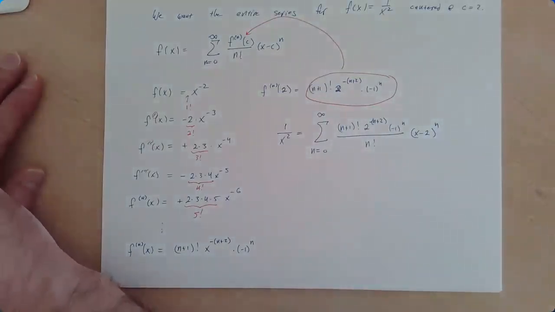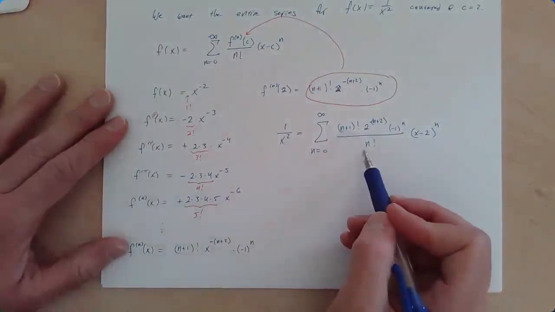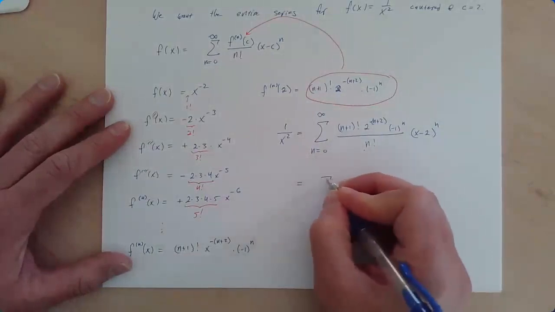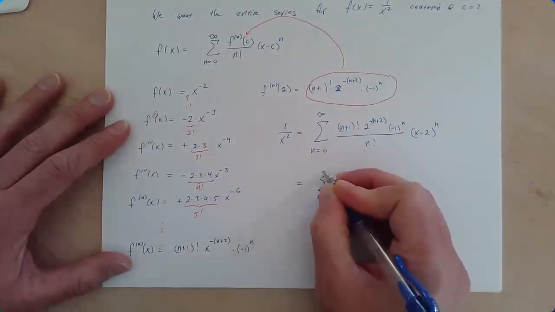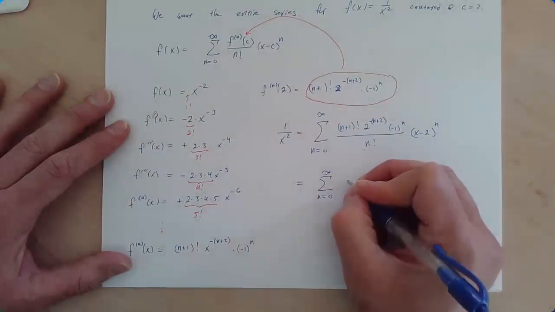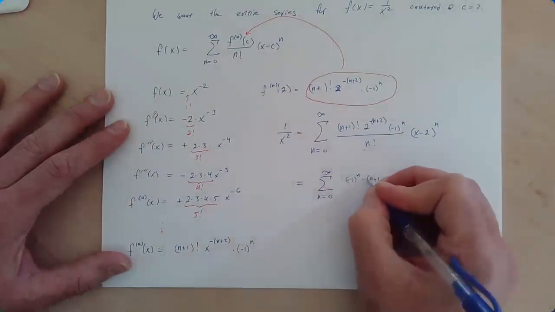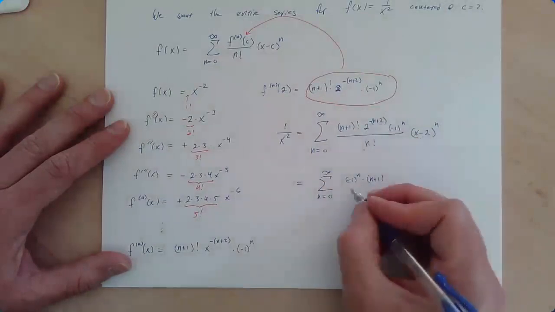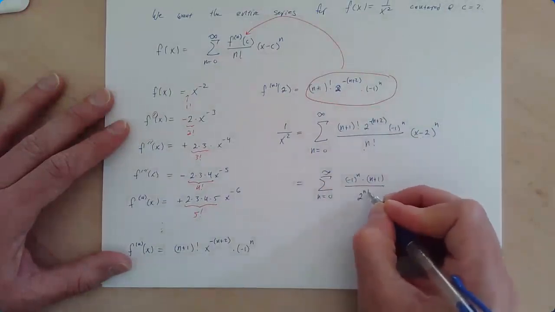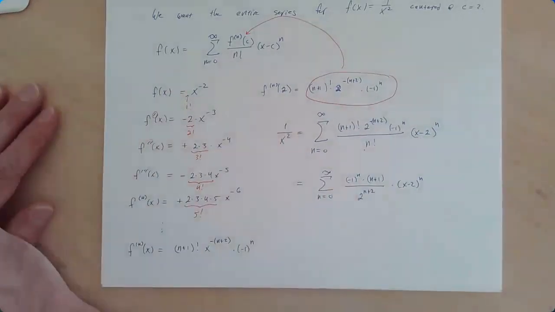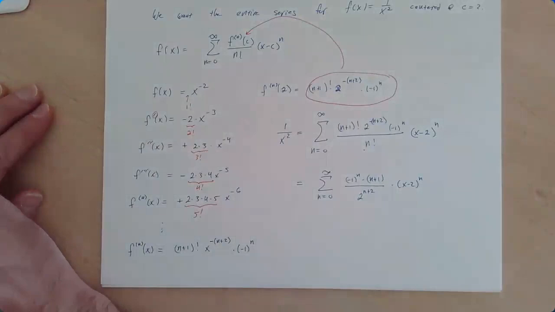There's a couple simplifications I would make here. Specifically, n plus 1 factorial over n factorial is just n plus 1. So I would rewrite this as the sum from n equals 0 to infinity of -1 to the n times n plus 1, and I would probably put the 2 to the negative n plus 2 in the bottom as 2 to the positive n plus 2, and then times x minus 2 to the n. That's our formula. It's kind of terrible.